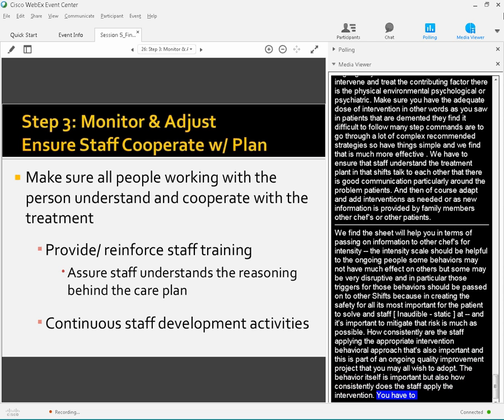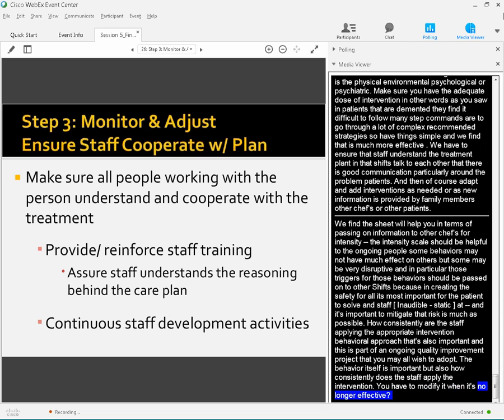Make sure that all of the staff on the team are cooperating together, and that the individual involved, to the extent that it's possible to explain to the patient, understands the program. It may be a behavior modification program that involves reassessing, restating, reinforcing the information to the patient.